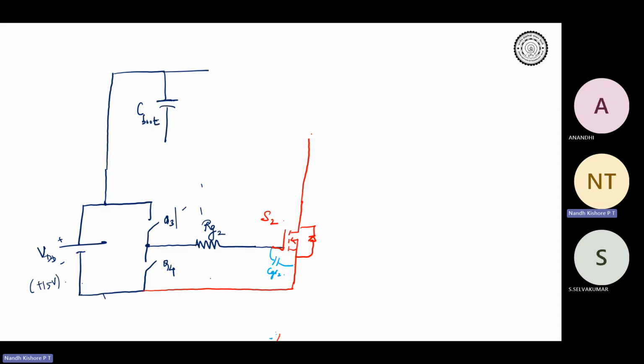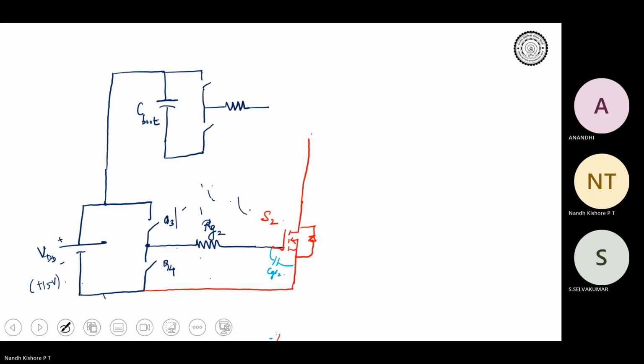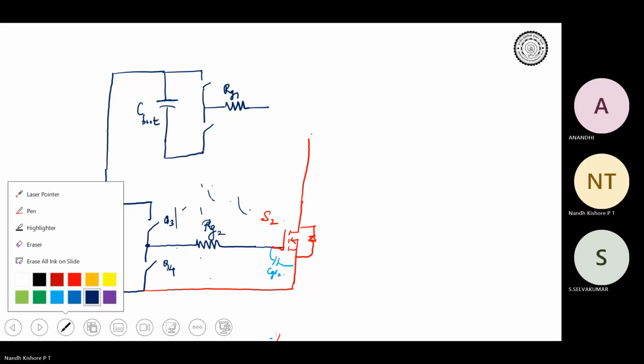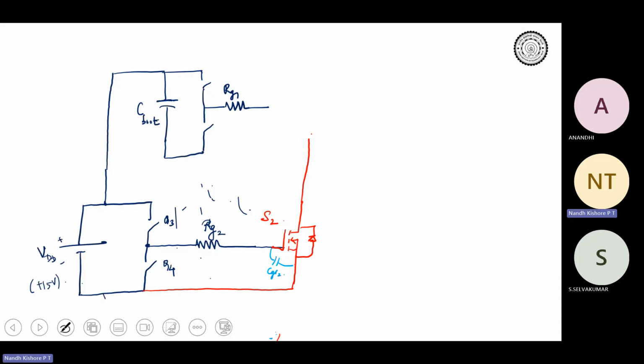And then I will have a similar arrangement. From the middle, I will take a tapping, give it to RG1, and then feed it to the device.